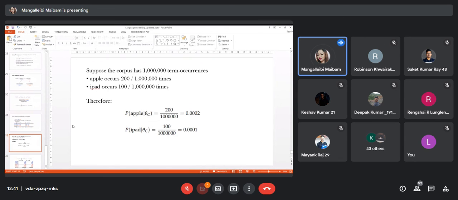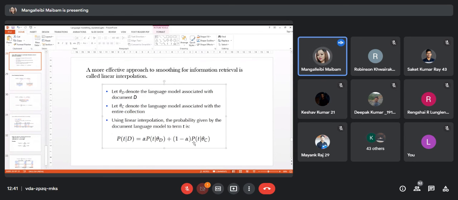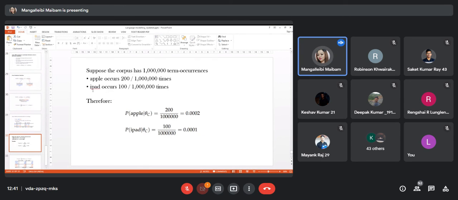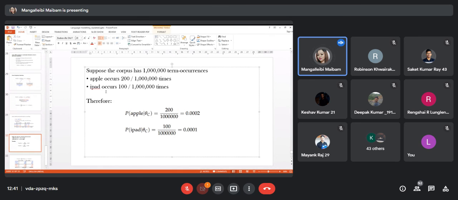With smoothing, we consider this formula given down here. The first part is for the document calculation, and the second part is for the entire collection calculation. Suppose the entire collection has 200 occurrences of the term Apple, and iPad has 100 occurrences in the entire collection.